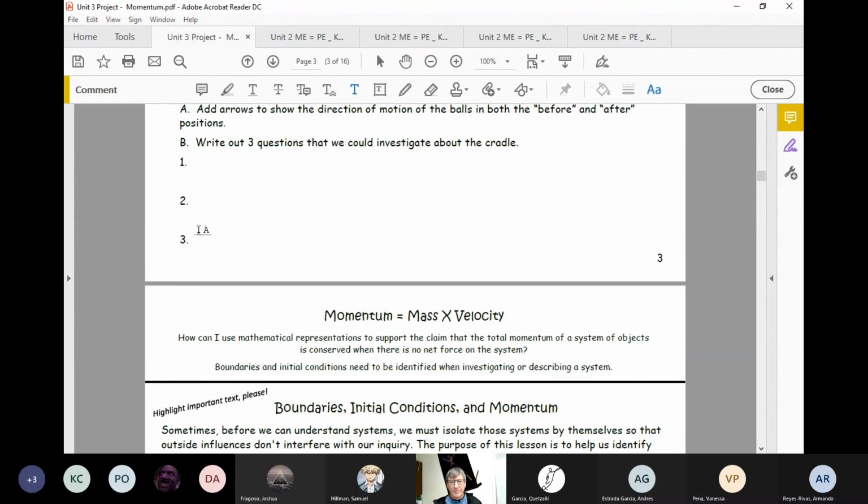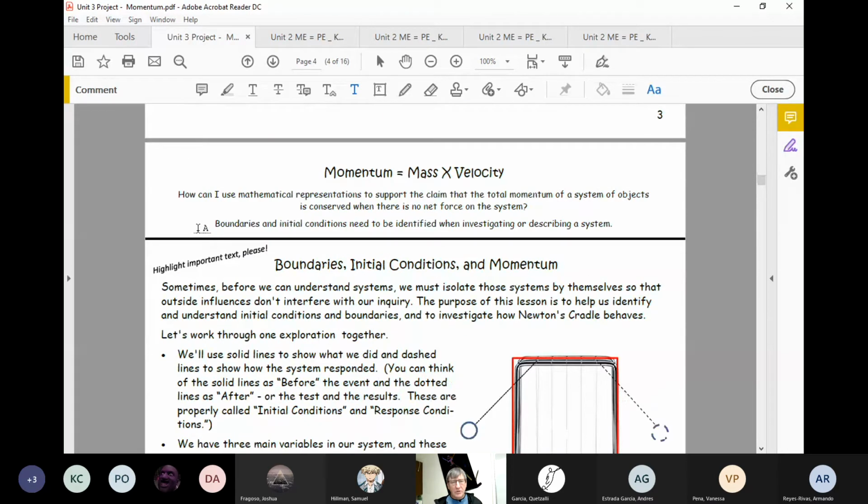Okay, so notice that we're repeating these big ideas, the equation for momentum and the 2 big concepts for this unit on every page. So every time it's a reminder that we're trying to figure out how to use mathematical representations to support the claim that momentum is conserved.